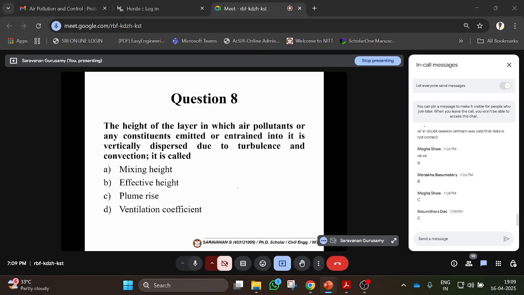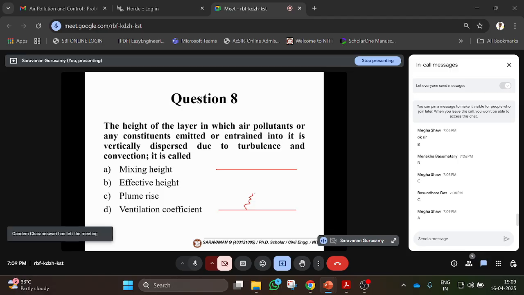Then, eighth question. The height of the layer in which the air pollutant or any constituent emitted or entrained into it is vertically dispersed due to turbulence and convection is called what? We have already discussed that whatever pollution is emitted will reach up to a height, right? And then the constituent emitted or entrained into it is vertically dispersed due to turbulence and convection.